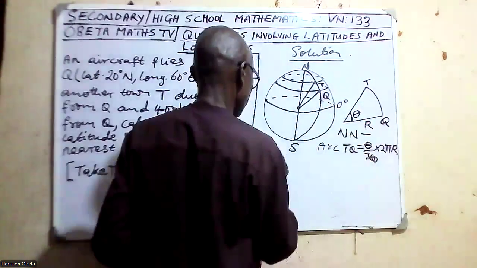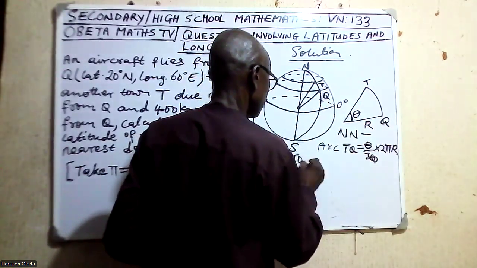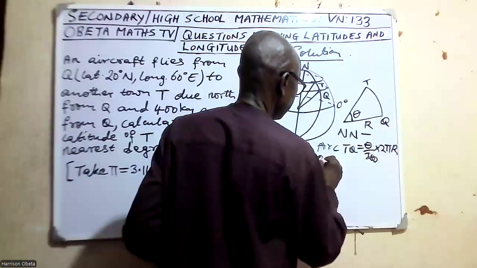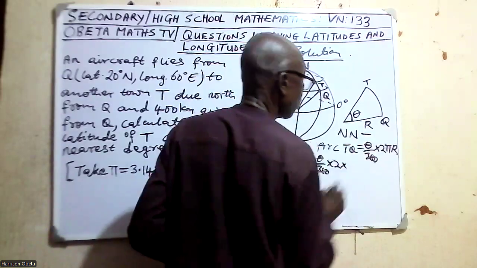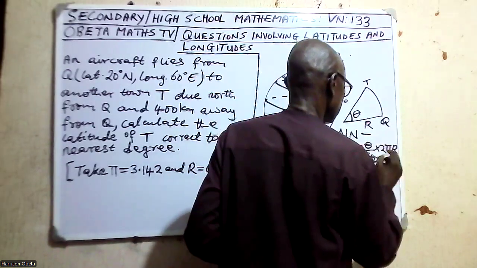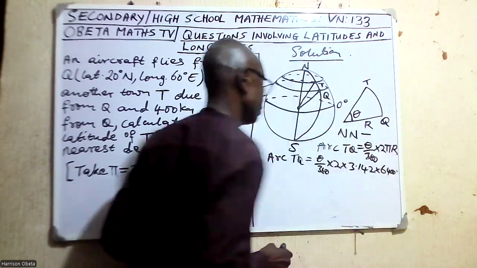So bringing this here now, we have arc TQ equal to theta over 360 times 2 times 3.142 multiplied by 6400 kilometers.